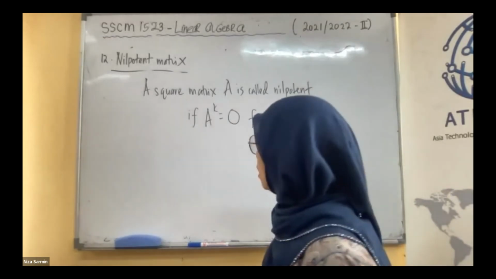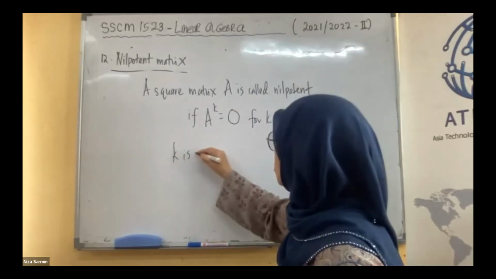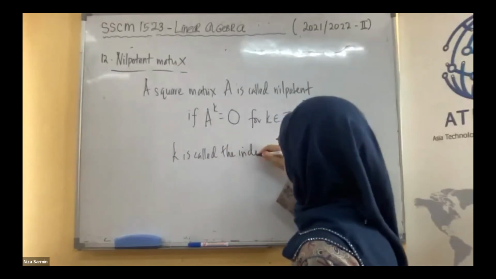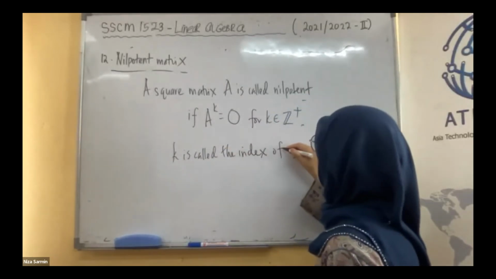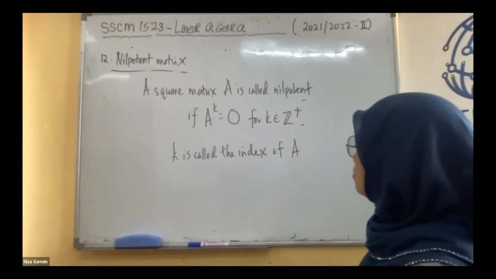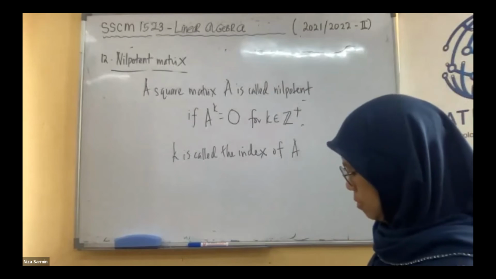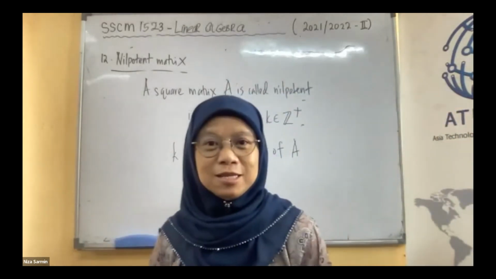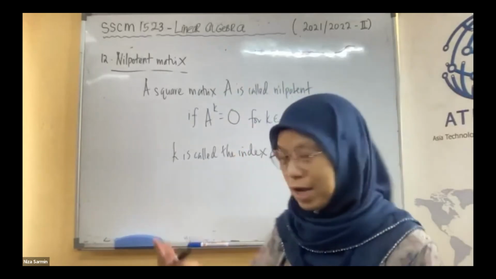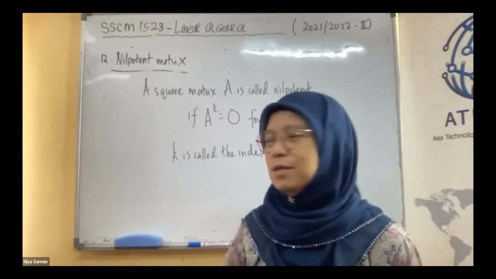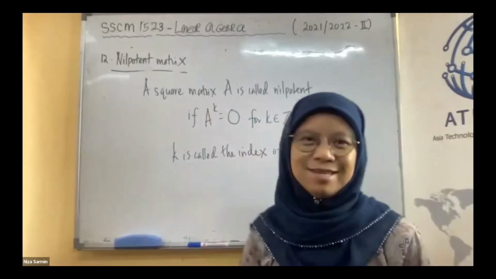Okay. And K is called the index of nilpotency. Definitely a zero matrix is nilpotent of index 1 because zero matrix is O to the 1, right?